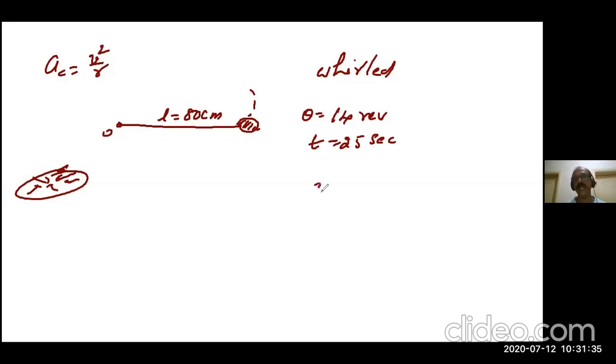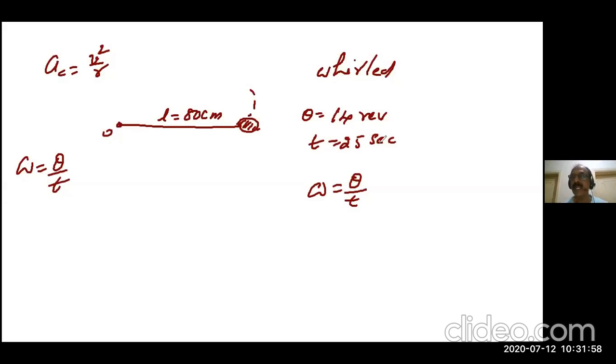Look here, omega is equal to theta by time, angular displacement by time. Now 14 revolutions. In one revolution it covers 2 pi radians, right?